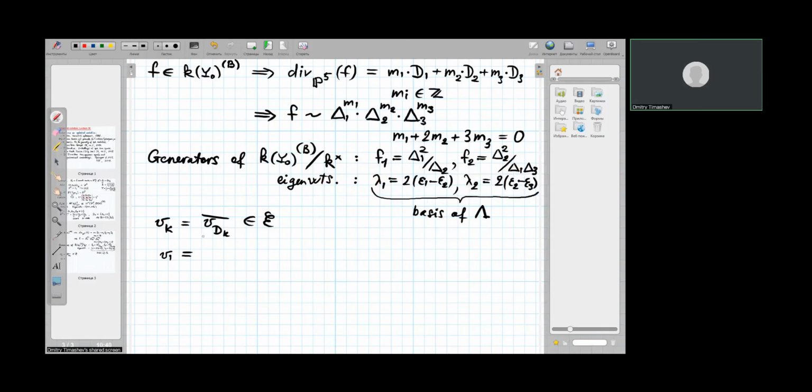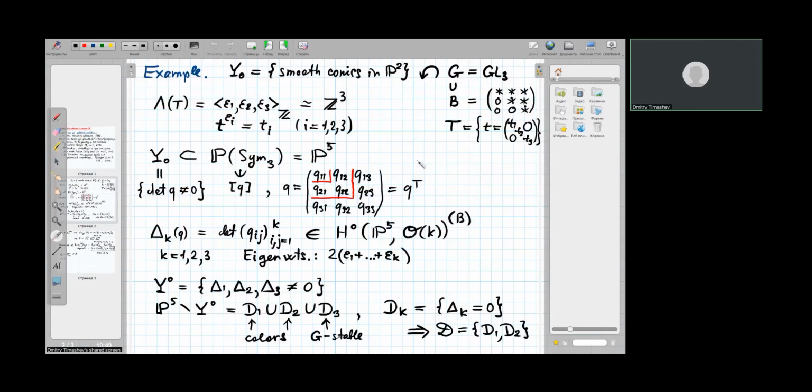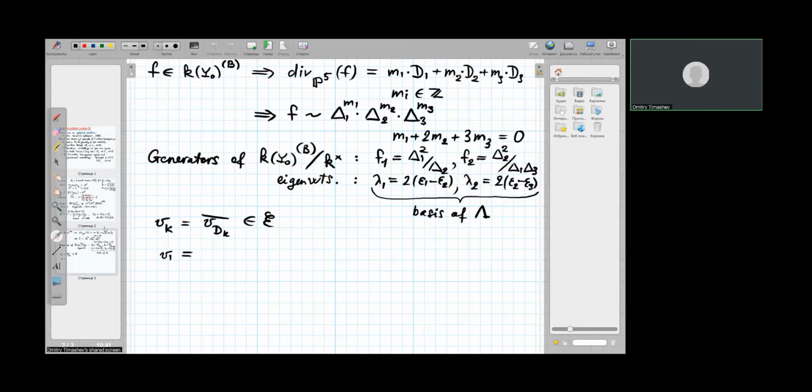So I will write it in terms of the dual basis of the character lattice of T. So the dual basis vectors I will denote by stars. So this vector v1 will be epsilon 1 star minus epsilon 2 star over 2. It is easy to see that the pairing of v1 with lambda 1 is indeed 2, and the pairing of v1 with lambda 2 is indeed minus 1, as required.